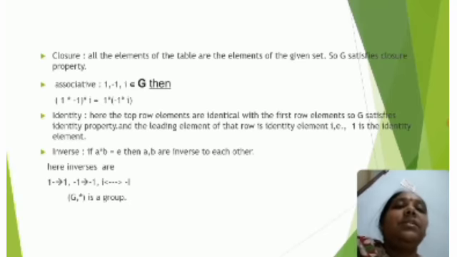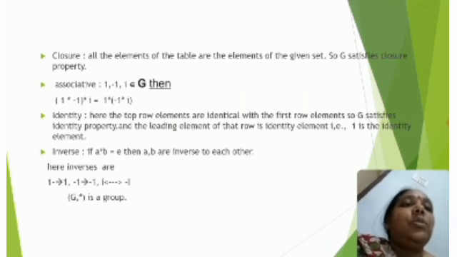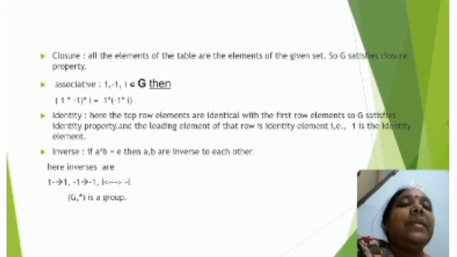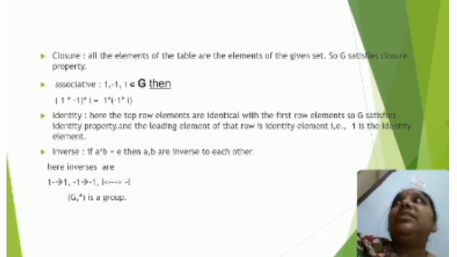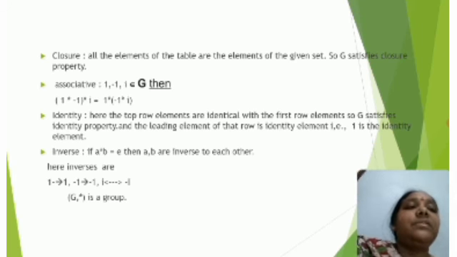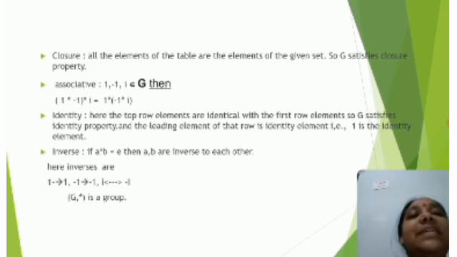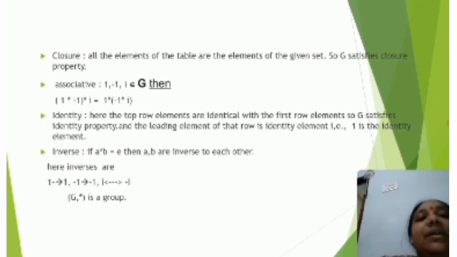So each row contains the identity element, and the corresponding elements are inverse to each other. So 1 is the inverse of 1, minus 1 is the inverse of minus 1, i is the inverse of minus i, and minus i is the inverse of i. So every element in G has an inverse element, and we can say it satisfies the inverse property.